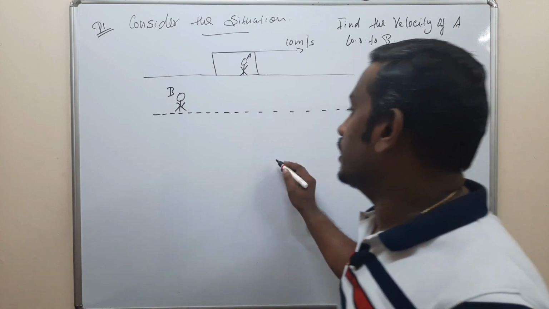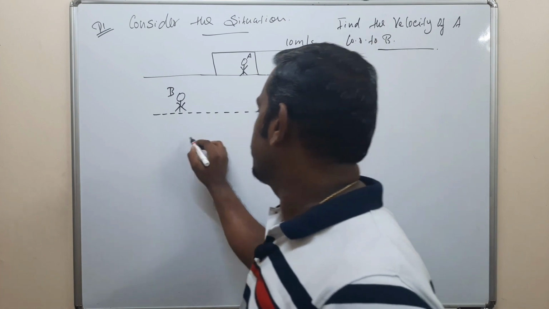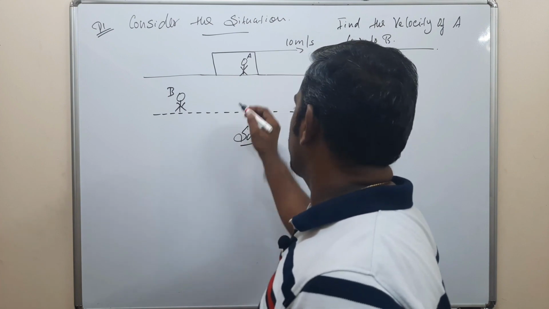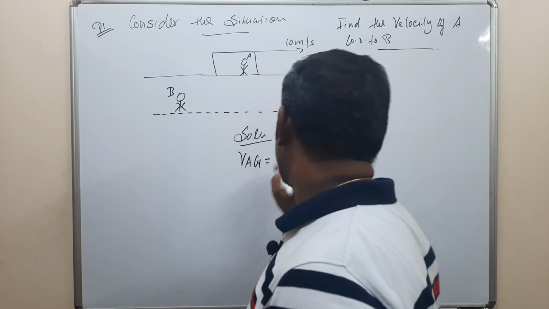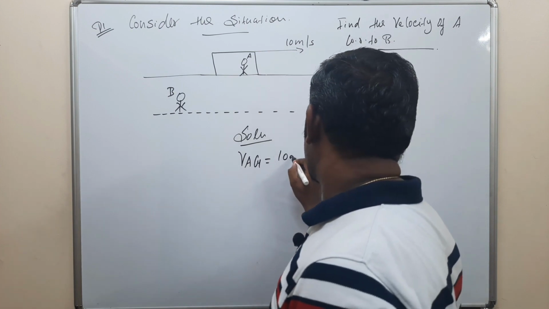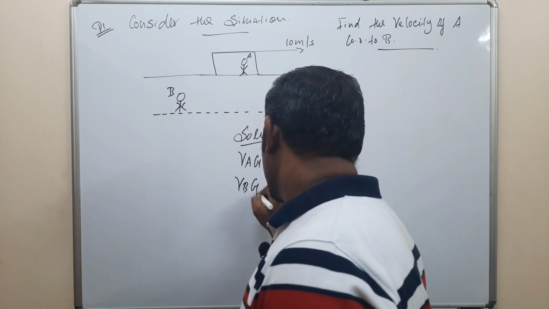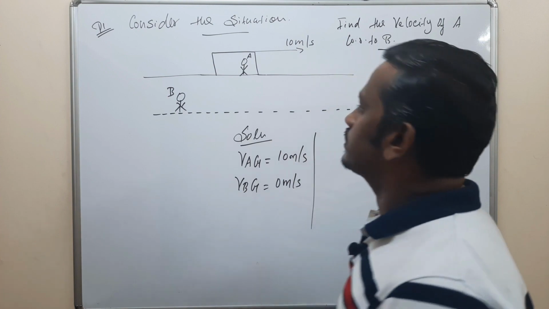Solution. From this diagram, the velocity of A with respect to ground is equal to 10 meter per second. The velocity of B with respect to ground is equal to 0 meter per second.